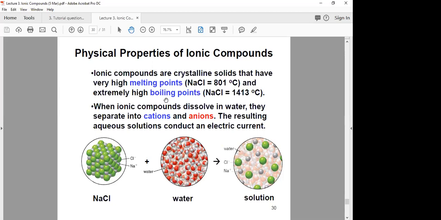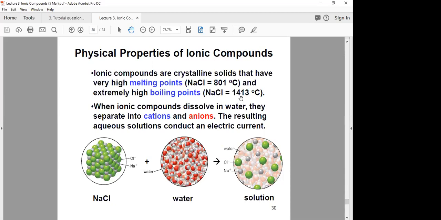Ionic compounds also have extremely high boiling points. What do we mean by a boiling point? A changing state of matter from liquid to gas. Liquid to gas. Perfect. Look at the boiling point for sodium chloride: 1,400 degrees Celsius. That's pretty amazing.